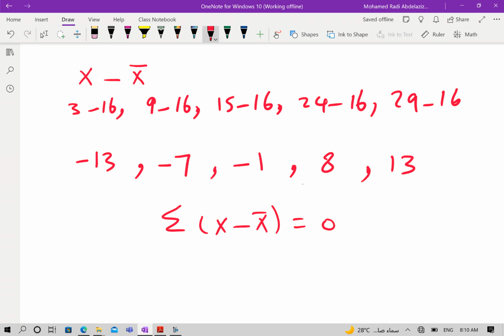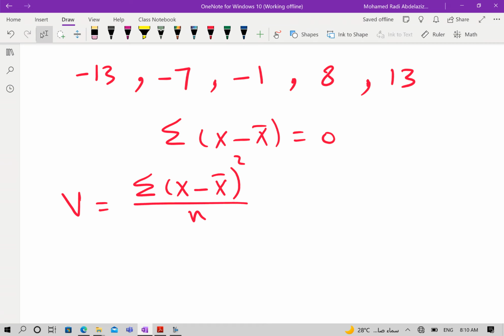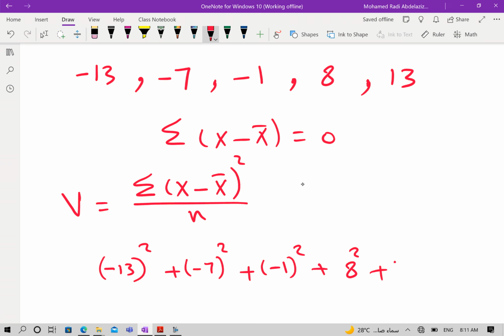Now, how to calculate the variance? The variance is the sum of x minus x bar, all squared, divided by n. So you have to square each value: negative 13 squared plus negative 7 squared plus negative 1 squared plus 8 squared plus 13 squared, all divided by 5.